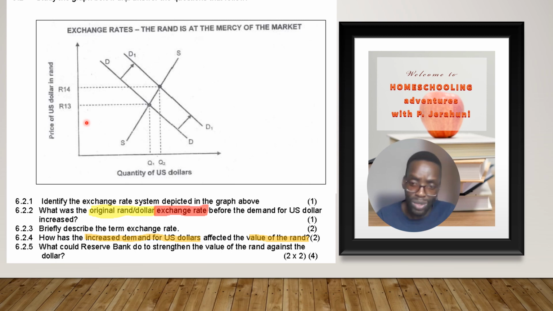If you did not understand what I just explained, I will ask you to rewind and listen to this clip again, so that you really make sense of what we are talking about. Okay, now you need to understand that this is a demand curve. The bottom line to understand this is, remember we said the value of a currency appreciates when it is now worth more compared to the other currency.